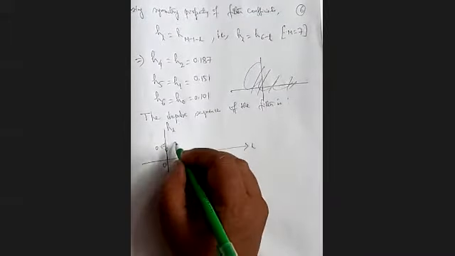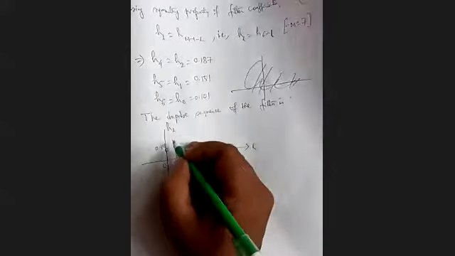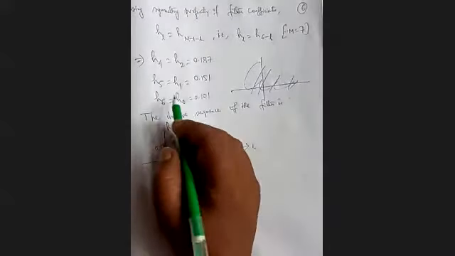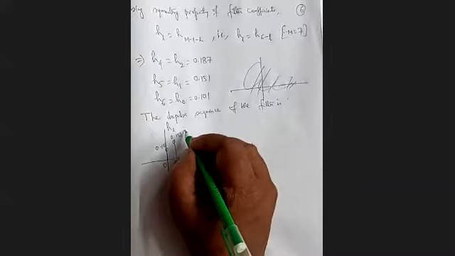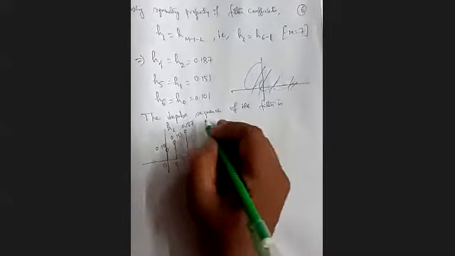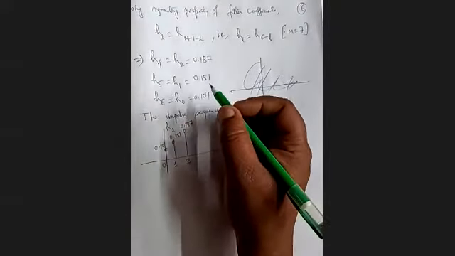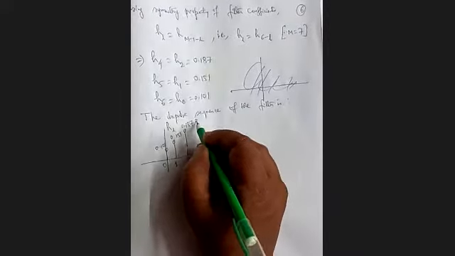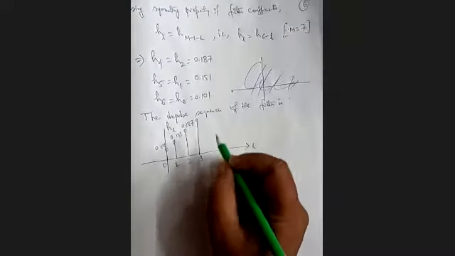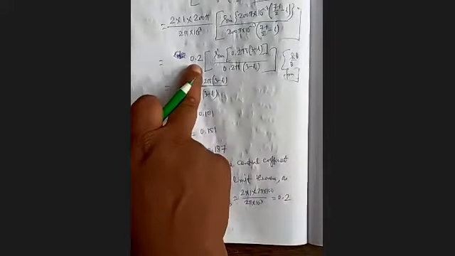Then H1, which is 0.151. Then H2, 0.187. Don't think that it will always be an increasing function or will always take this type of shape. No. It can be anything else also. H3 is 0.2, the central coefficient 0.2.